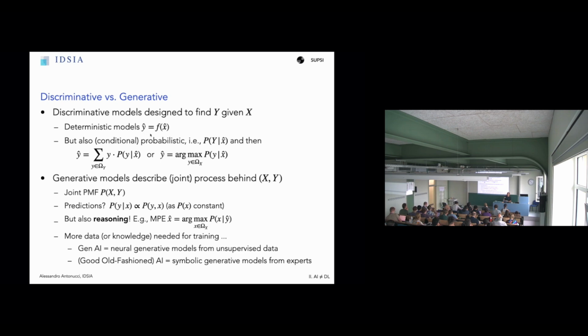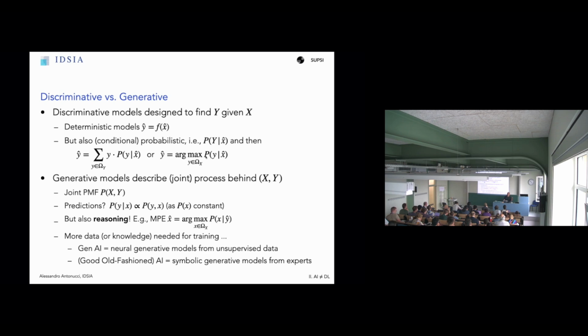In a probabilistic sense, this is a conditional probability distribution, which tells me the posterior or conditional probability for the different outcomes of the class y, given the input observation of the feature x. So the discriminative approach for us, probabilistic people, is about learning a conditional probability.